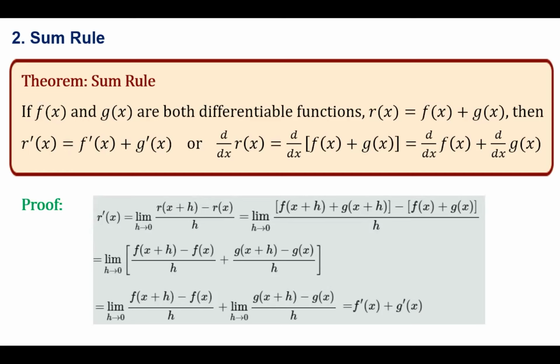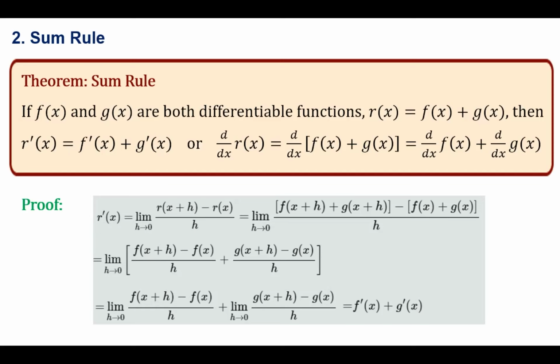This expression can be transformed to the limit of first (f(x+h) minus f(x)) over h, and the latter part becomes (g(x+h) minus g(x)) over h. Note here, according to the limit property, the limit of the sum of two functions equals the limit of the first function plus the limit of the second function, right?